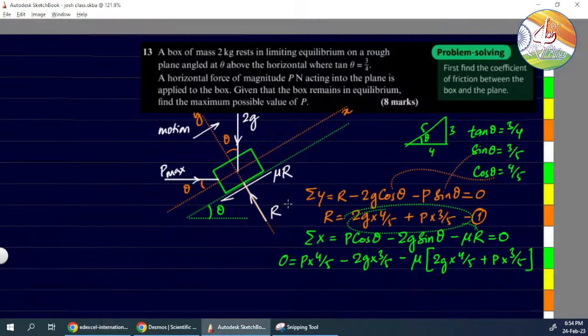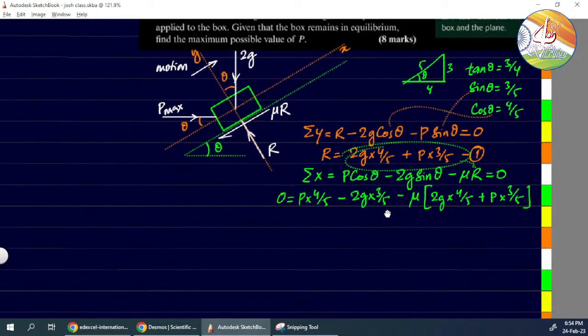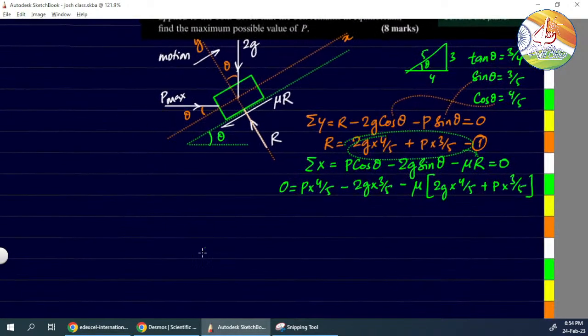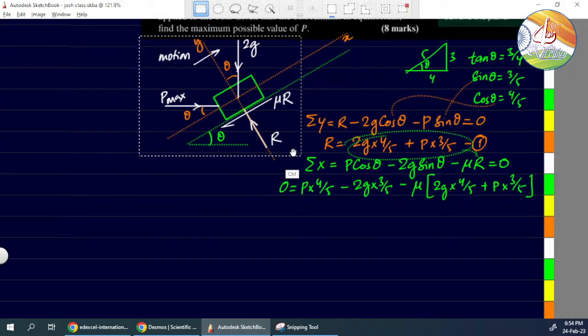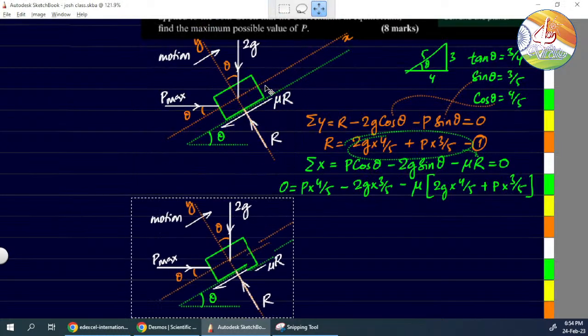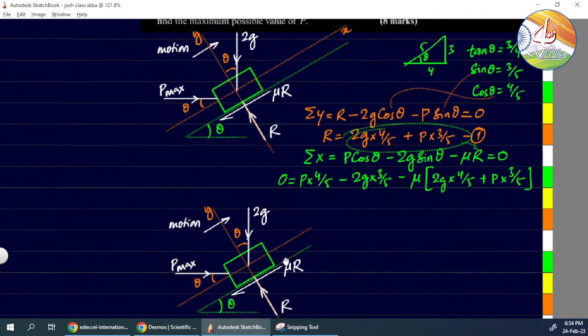Okay, now I got it. What he's telling is that in the absence of the force P, the object is tending to slide downwards.